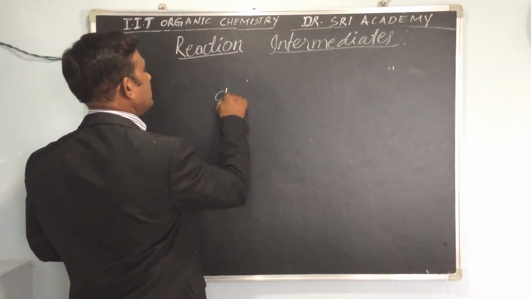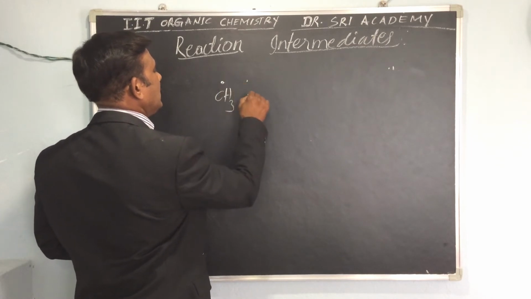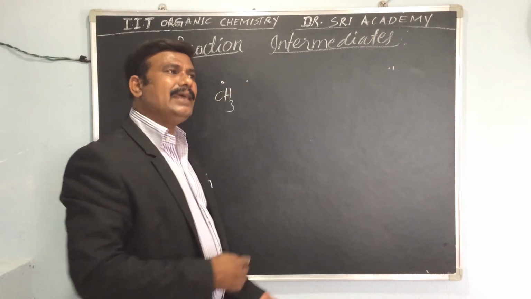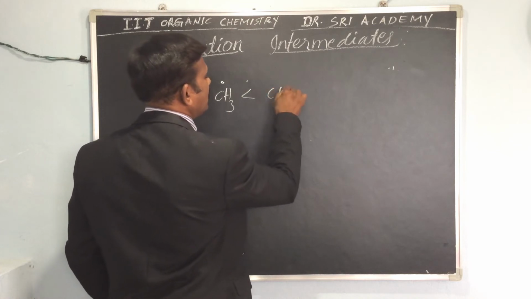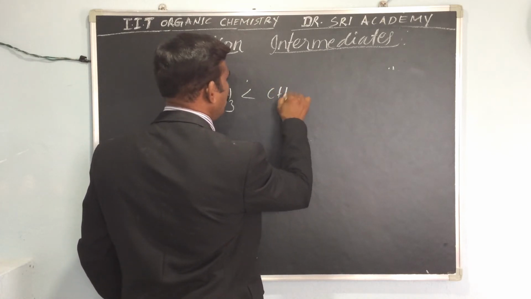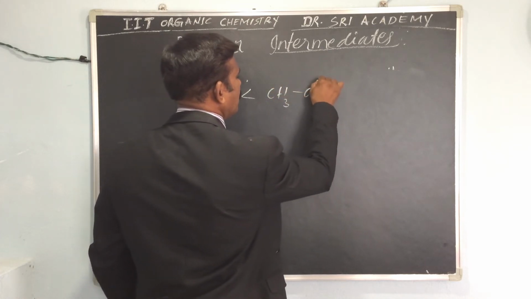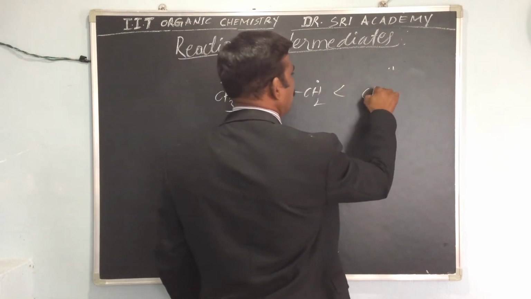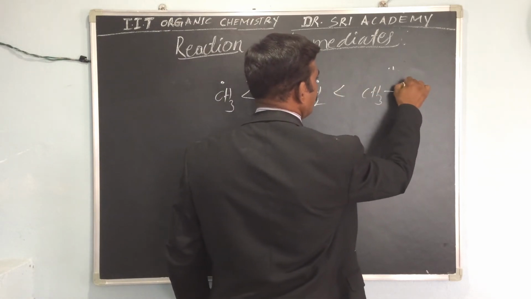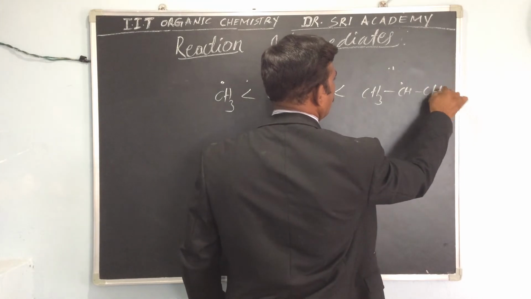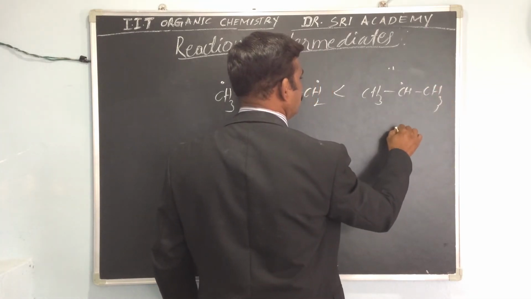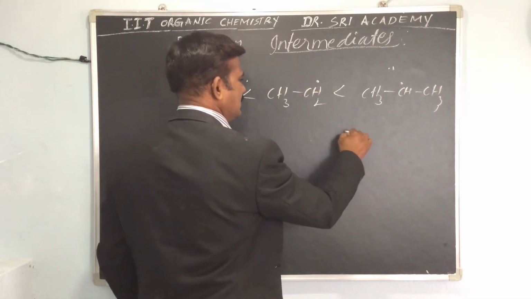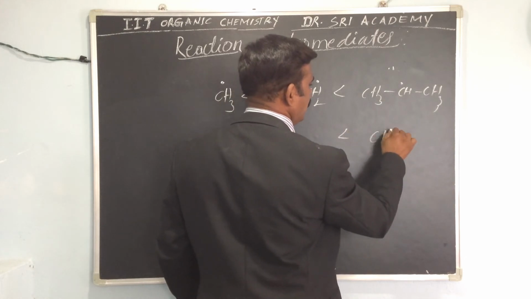Methyl free radical is less than the ethyl free radical, which is less than the propyl free radical, which is less than the tertiary butyl.